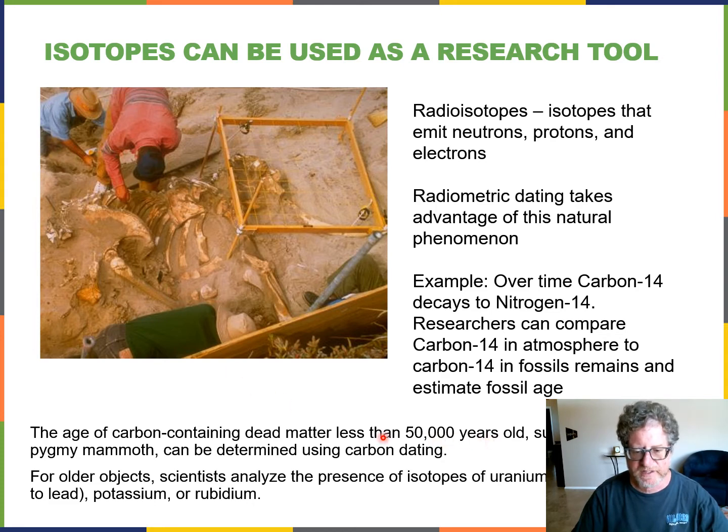Okay, they say 50,000 years for carbon dating. But other isotopes could be used to date this rock that the dinosaur was caught in, and by dating the age of the rock, when the rock formed in the sediments, capturing the dinosaur, that would give you an idea of how old the dinosaur was.